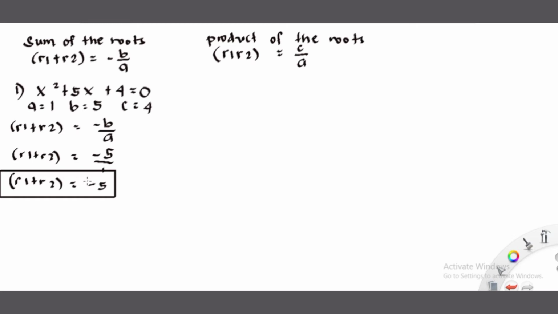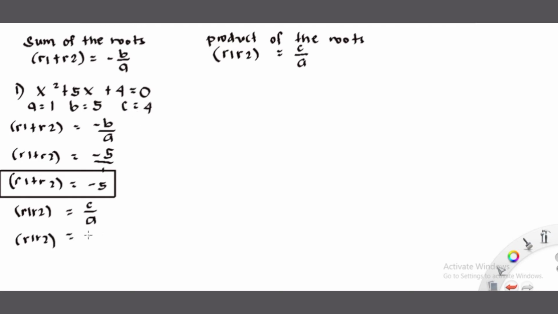So, hindi natin alam kung ano yung roots na yun. Pero pag inadd natin yung mga roots na yun ng quadratic equation na ito, ang sum ay negative 5. Now, let us have the product. So, the product R1 times R2 or R1, R2 is defined by the formula C divided by A. So, let us substitute the values.